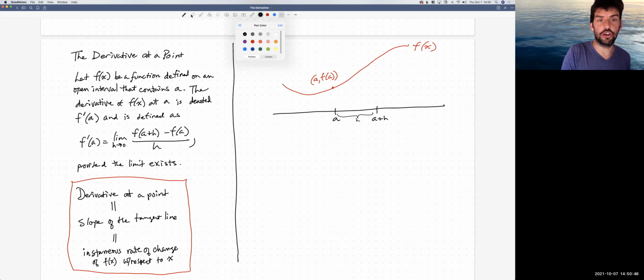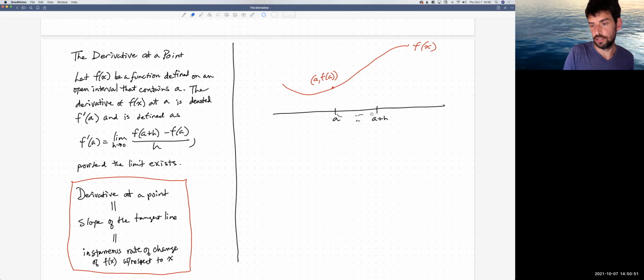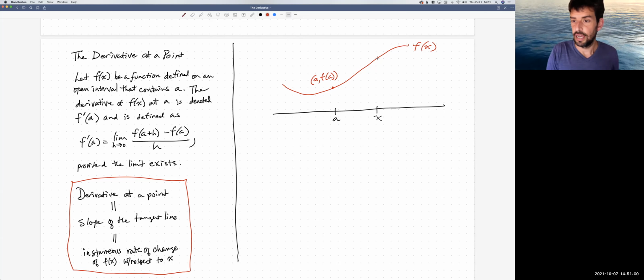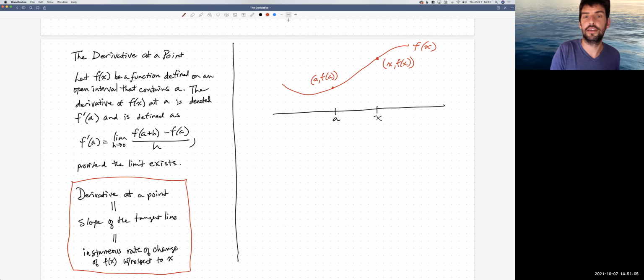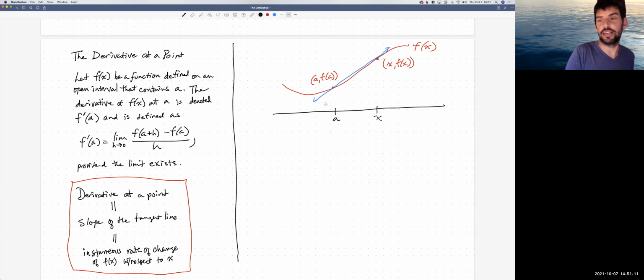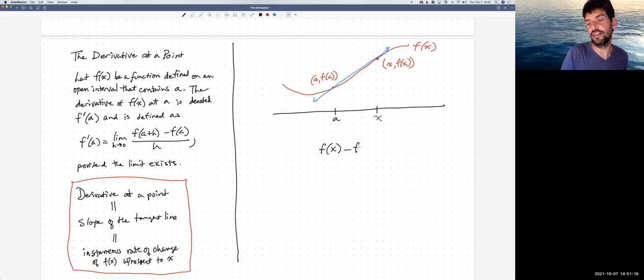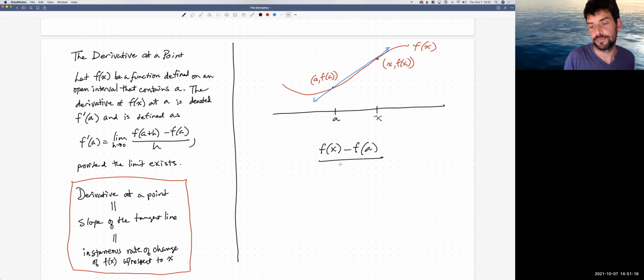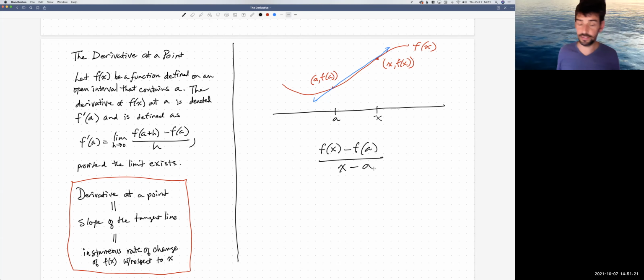Alternatively, we could just call this point x. It's just a different point than a. And so this would become x. We can still draw our secant line. We can still write an equation for the slope of the secant line like this.